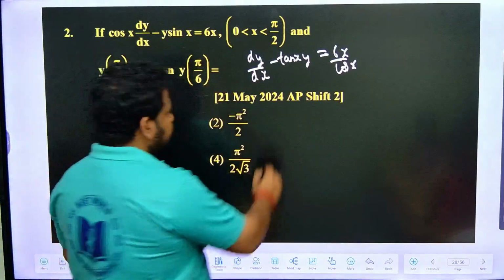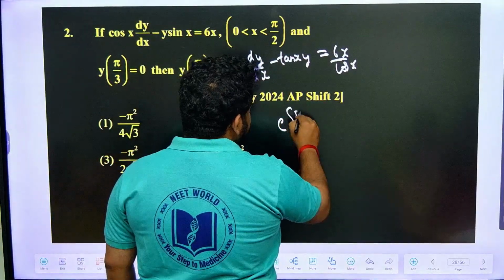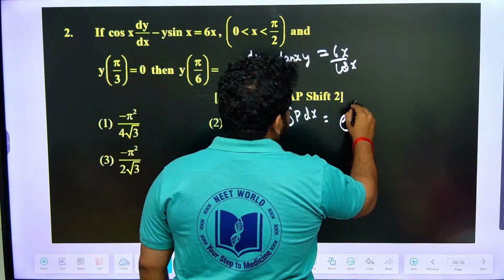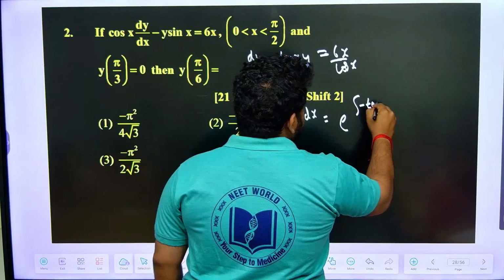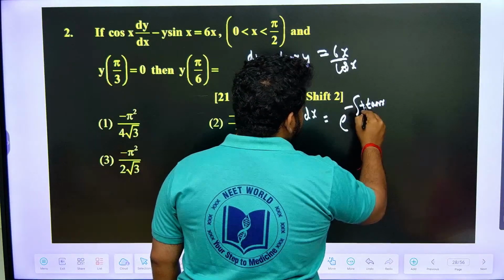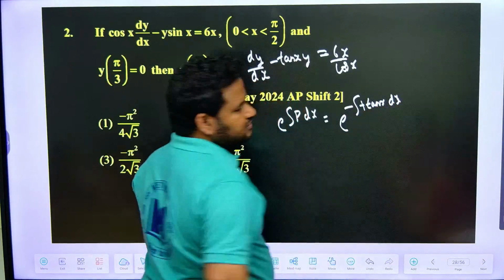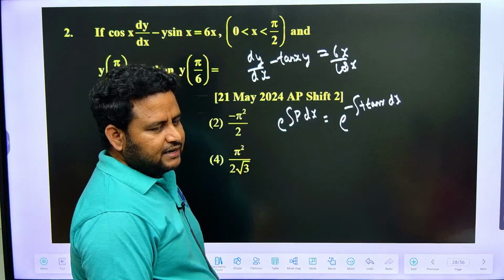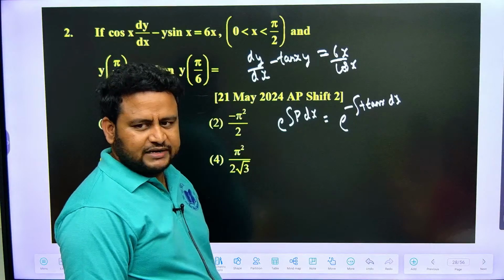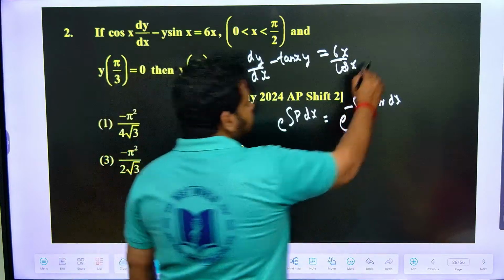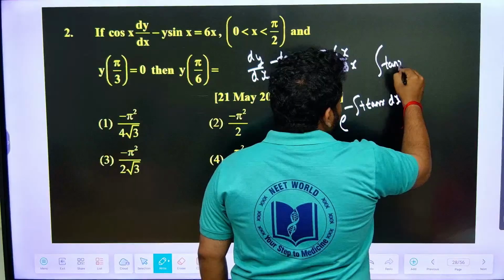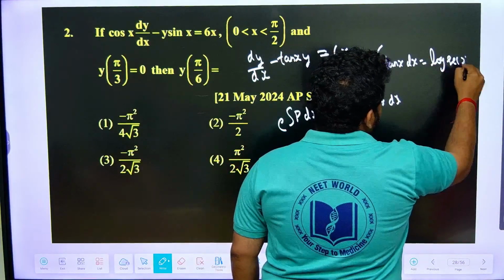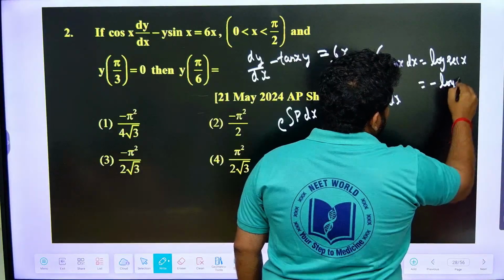So the integrating factor is e power integral of P dx. That is e power integral of minus tan x dx. Let me take the minus outside. The integral of tan x dx is log secant x, which is also equal to minus log cos x.